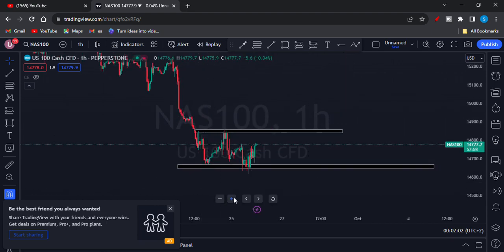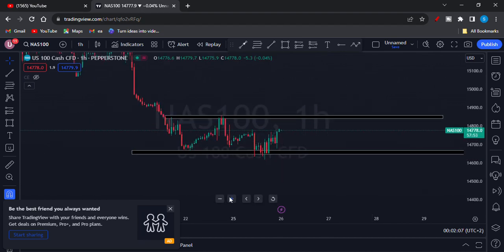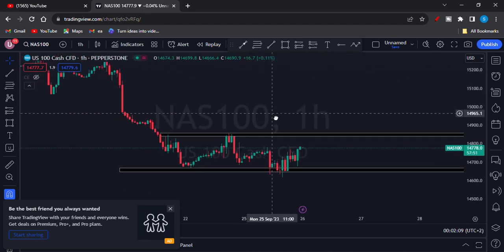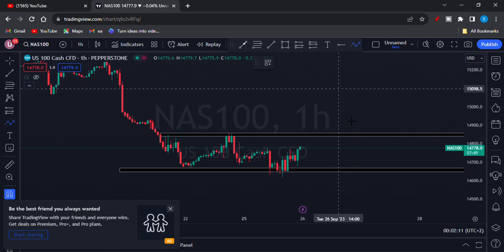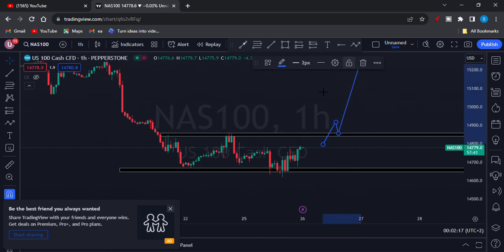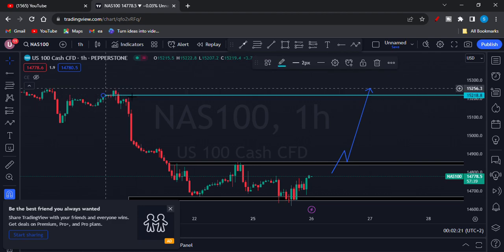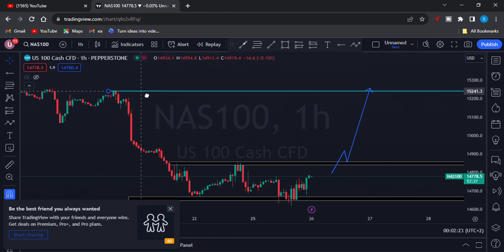So let me plot this so that we can see what's happening. What I'm going to look out for is a potential break, retest, and then continue, potentially up to my potential TP right there.